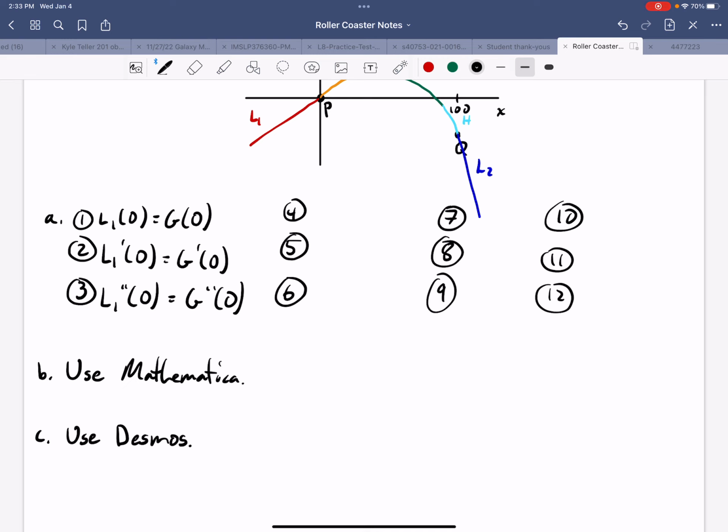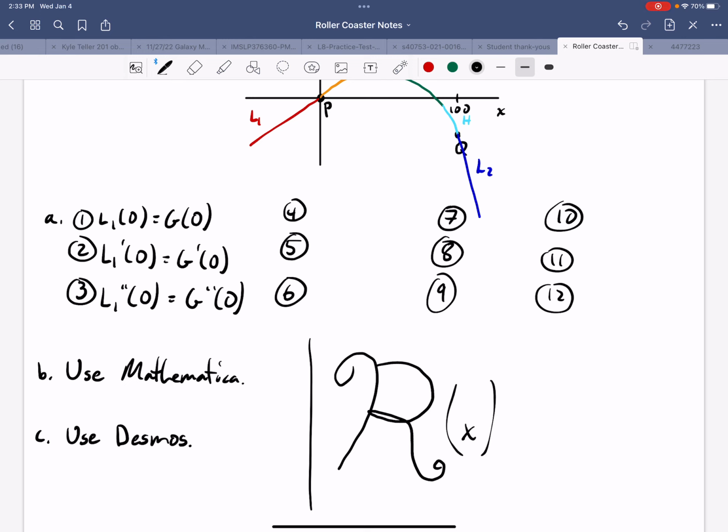I'll call this script R, fancy script R. This R of x equals, just to be crystal clear, 0.8x for x less than or equal to 0.